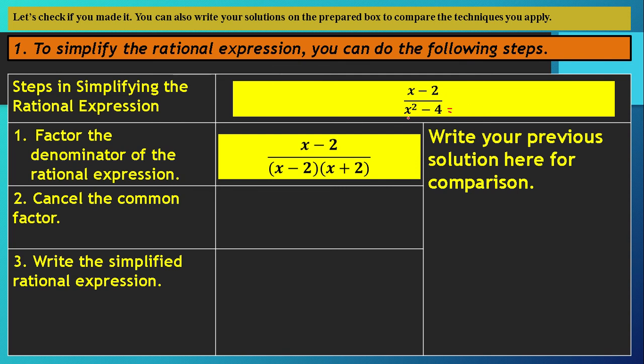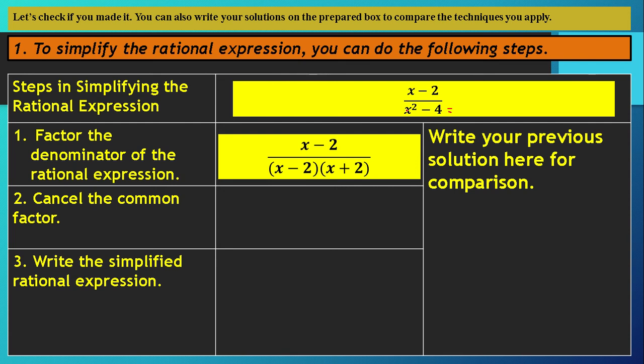Kasi yung first term natin na x squared is a perfect square. Yung second term natin na 4 is also a perfect square. At yung middle operation natin ay minus or subtraction. Kaya siya difference of two squares.